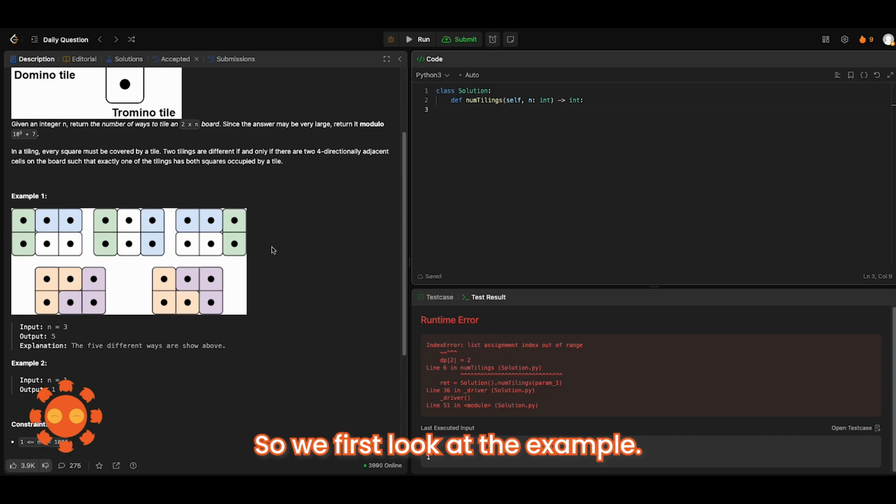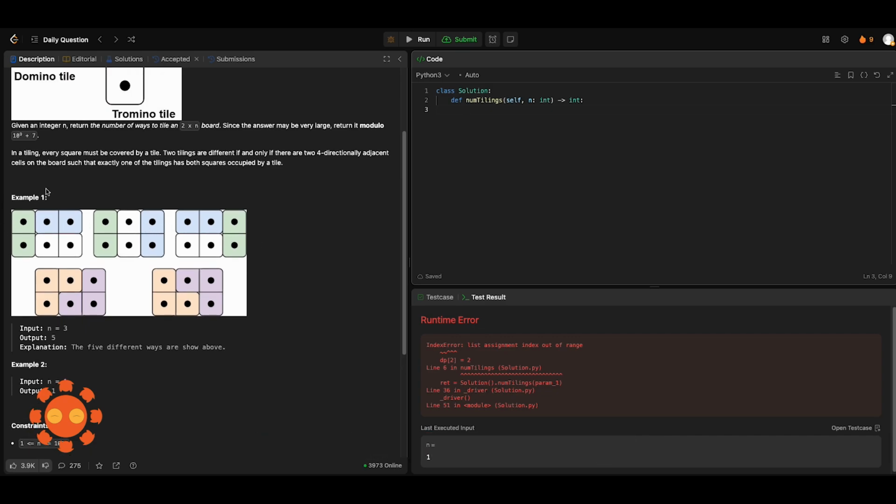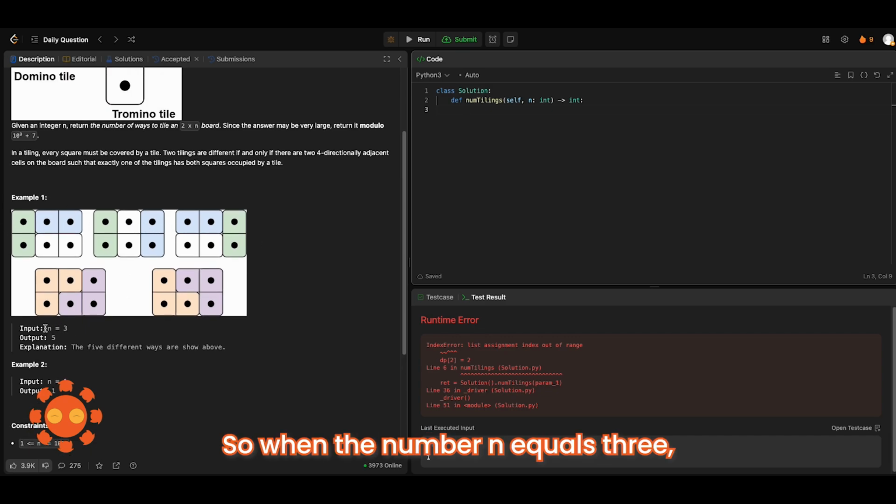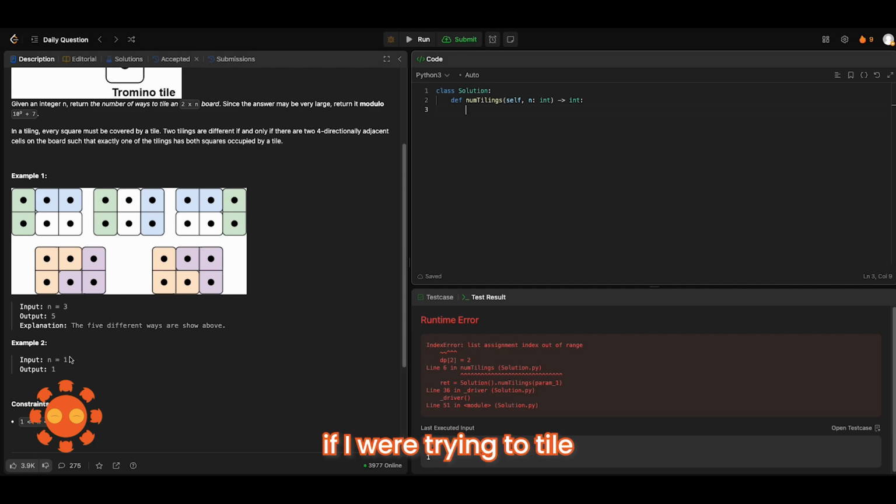So we first look at the examples. When n equals 3, we're trying to figure out the ways to tile a 2 times 3 board, and based on this example, there are 5 different ways. For example 2, if we're trying to tile a 2 times 1 board, there is only one way, which is to put a vertical domino.